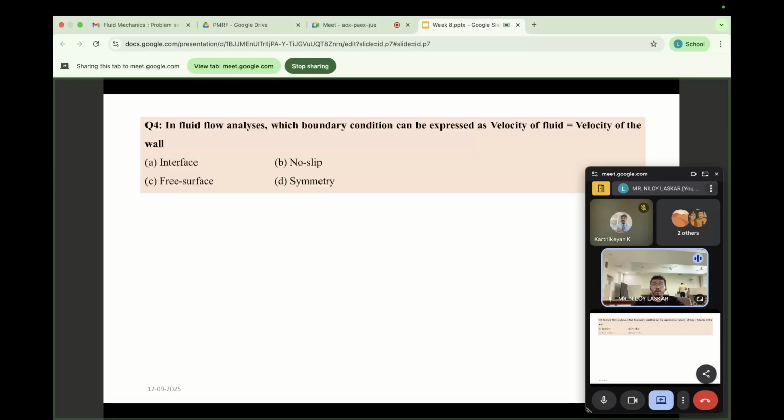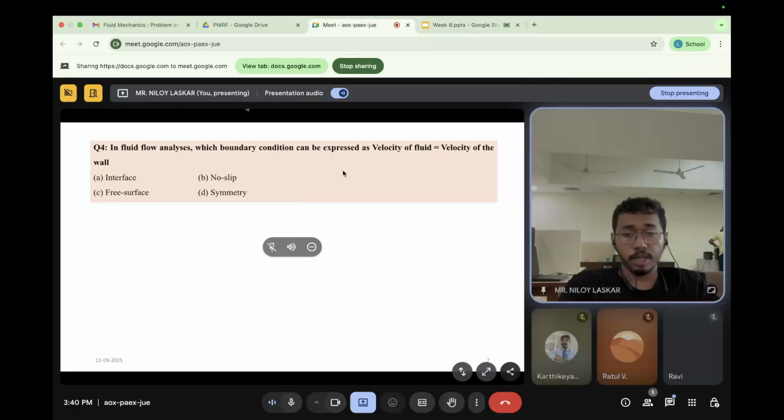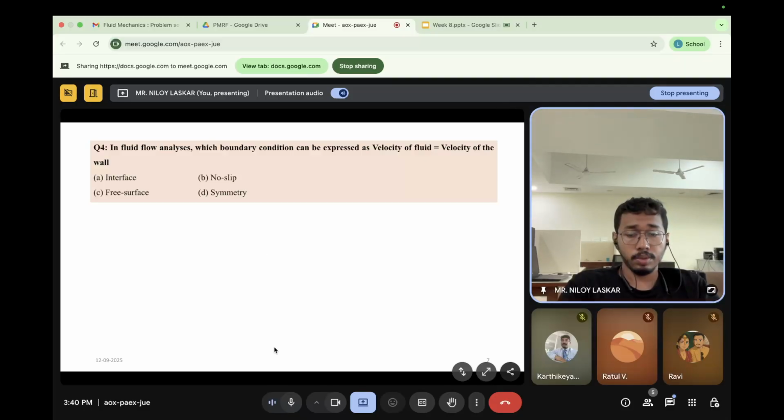In fluid flow analysis, which boundary condition can be expressed as the velocity of the fluid and the velocity of the wall being the same? Please try to answer this in 1 minute, and after this I will discuss the concept.